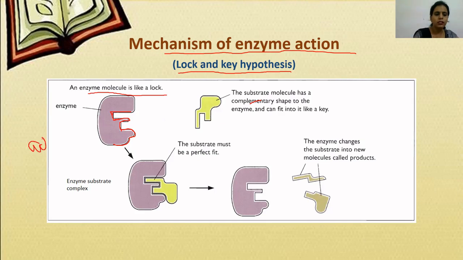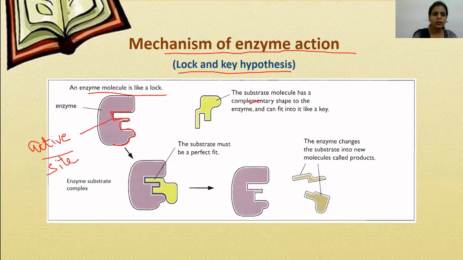What is this dent in the enzyme known as? This dent in the enzyme has a very specific shape, and it is known as the active site of the enzyme.